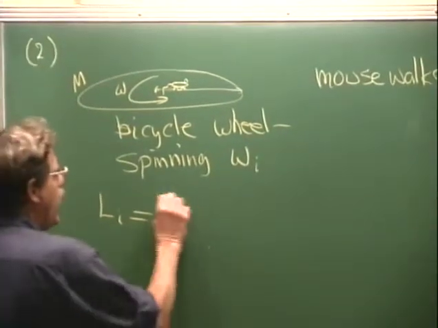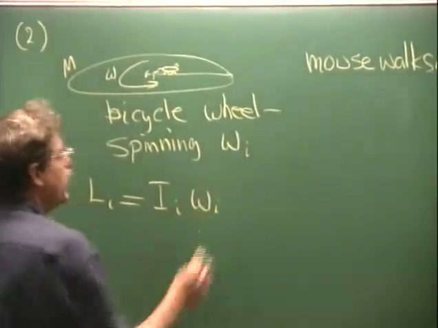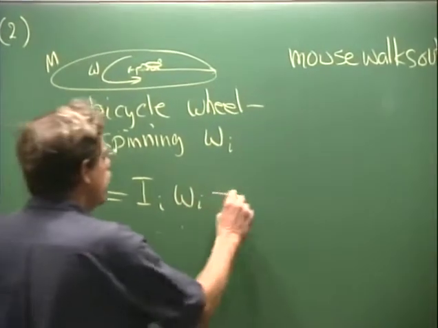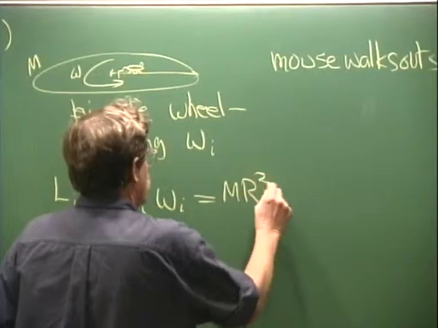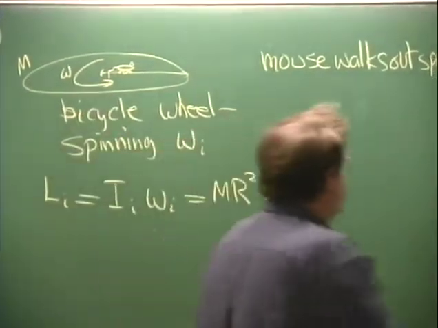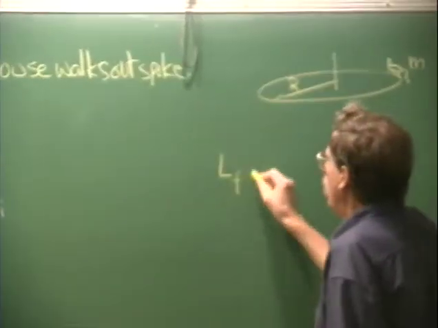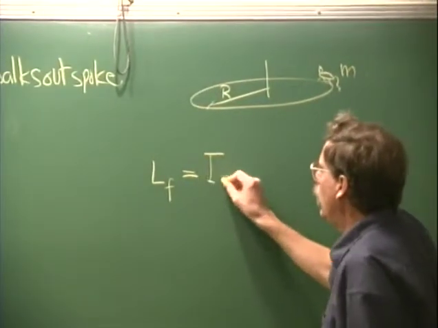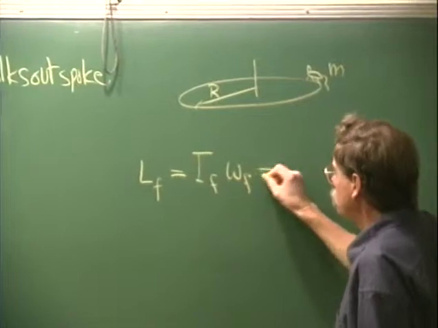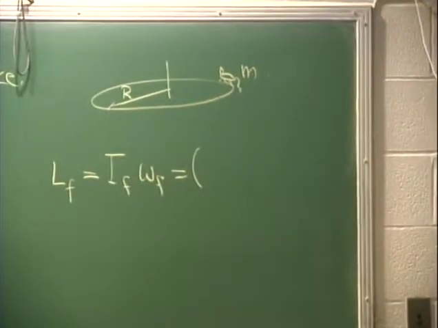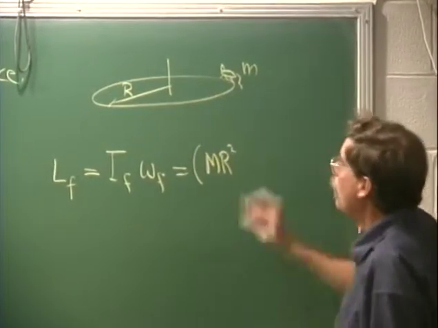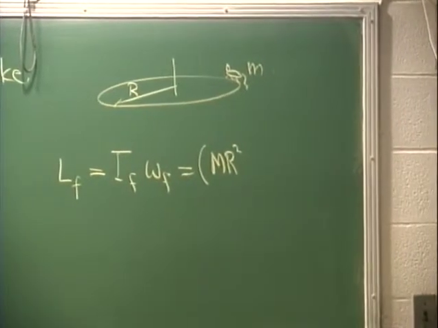So it's just a hoop, and therefore the moment of inertia is simple. The original angular momentum was I original times omega initial. The original moment of inertia was nothing but Mr squared. The final angular momentum with the mouse out at the rim is equal to I final times omega final, but I final is the moment of inertia of the bicycle wheel, still Mr squared, plus the moment of inertia of the mouse out there.